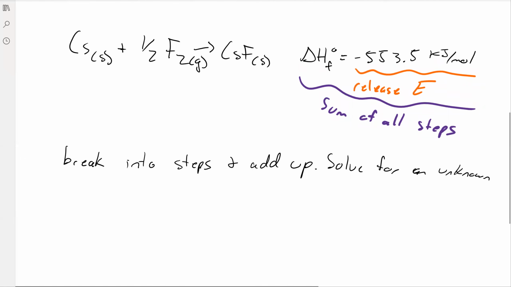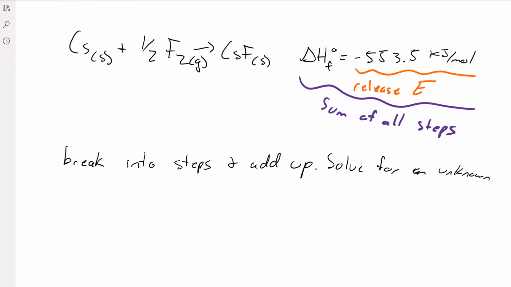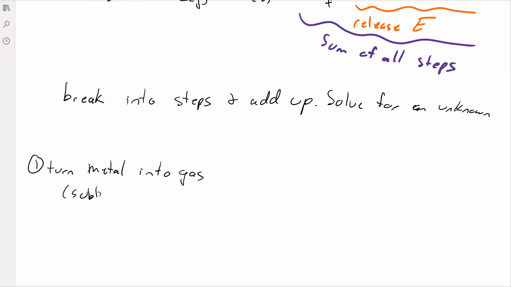So let's think about this process here and what steps we have to undergo. First thing we see is that the cesium is a solid. All of our chemical reactions are going to occur in the gas phase. So the first thing that we're going to do is turn the metal into a gas. This is what's known as sublimation.